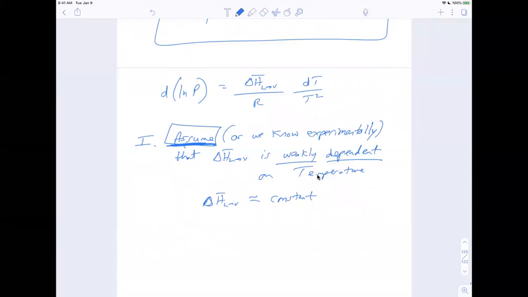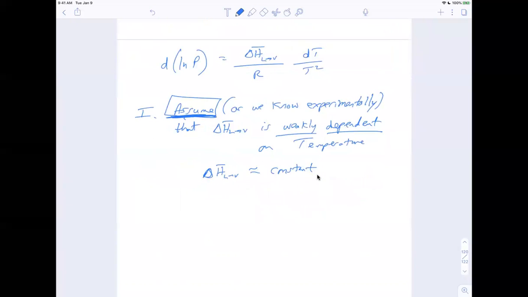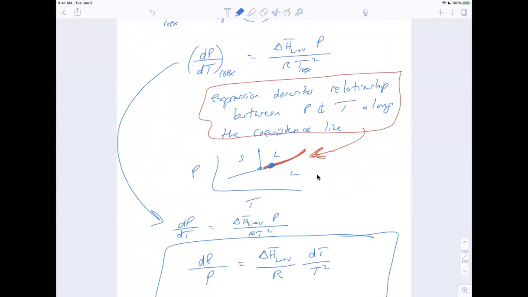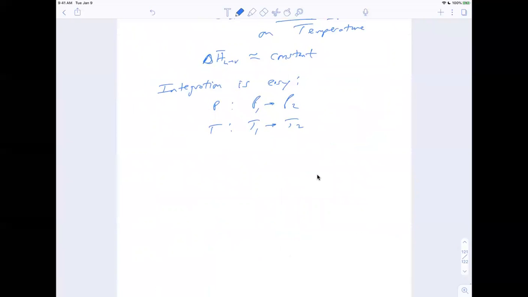Okay. And so we can integrate. So the integration becomes rather easy. Okay. So if P goes from P1 to P2, and T therefore goes from T1 to T2 along this coexistence line. So what we're saying here is that we're going from T1 to T2, and equivalently from P1 to P2, we can integrate our expression.